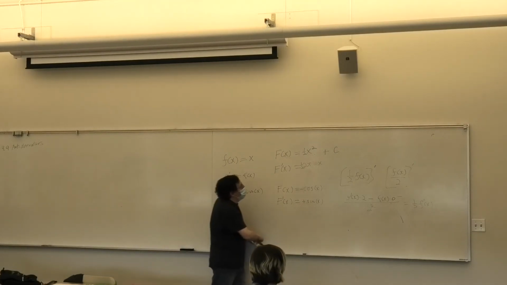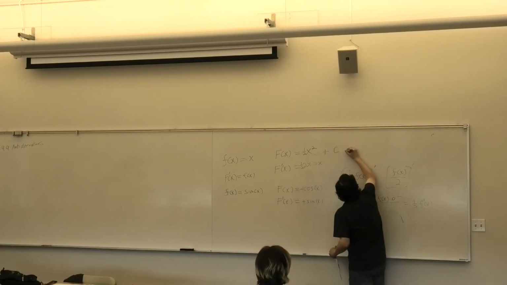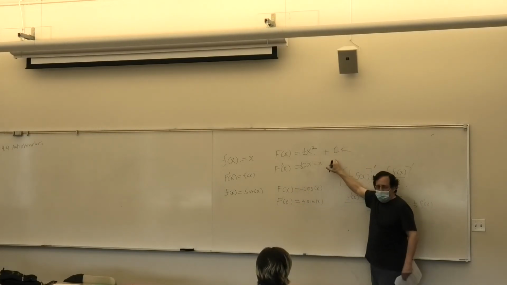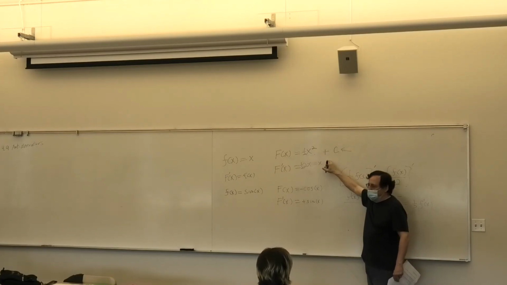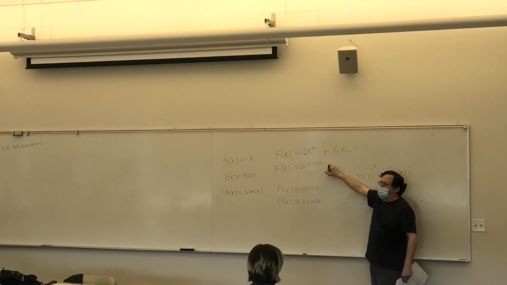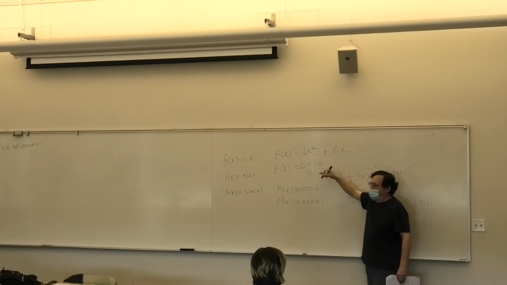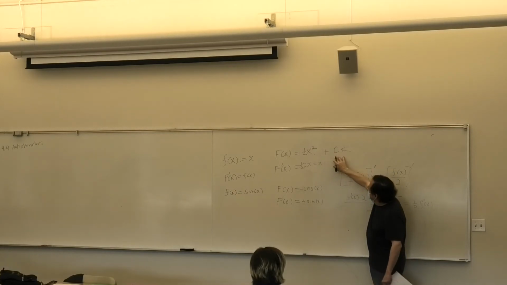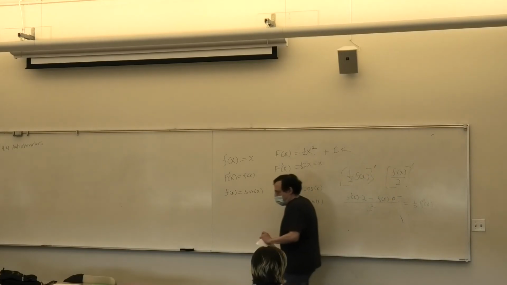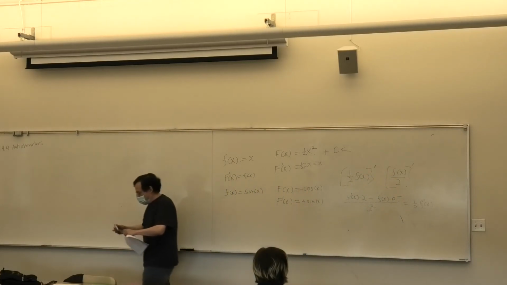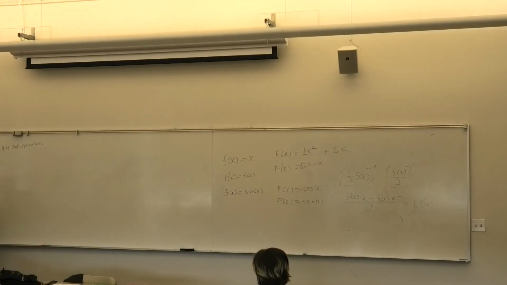So, as I pointed out, whenever you're finding an antiderivative, you potentially end up with some unknown constant here. You can choose a constant if you have some more information, but we have a name for this.